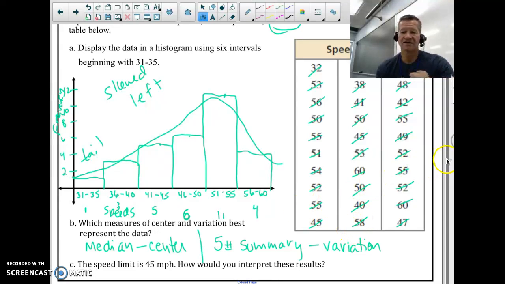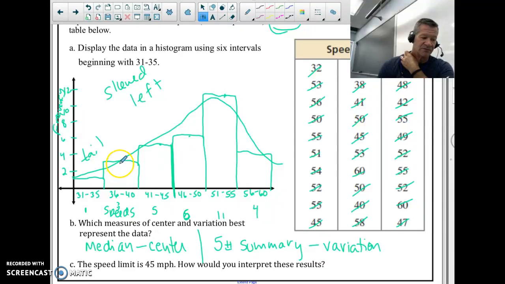Last question, and then we're done. The speed limit is 45 miles per hour. How would you interpret these results? Well, if the speed limit is 45, 45 miles per hour is right about in here. So it looks like, if you look at the histogram, there's much more data to the right of 45 than there is to the left.